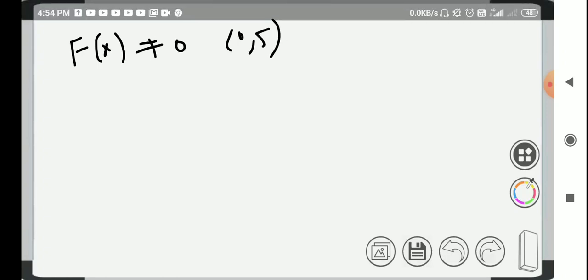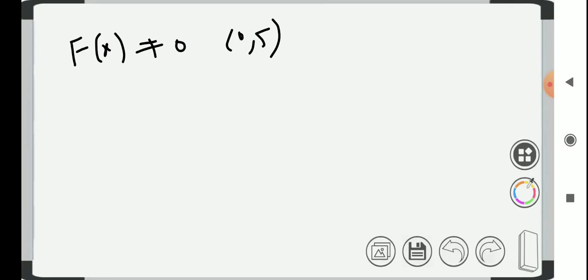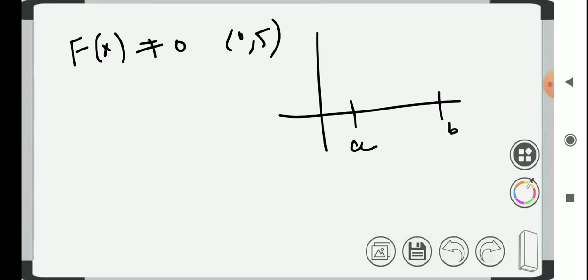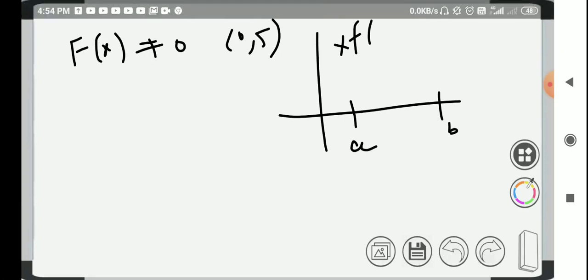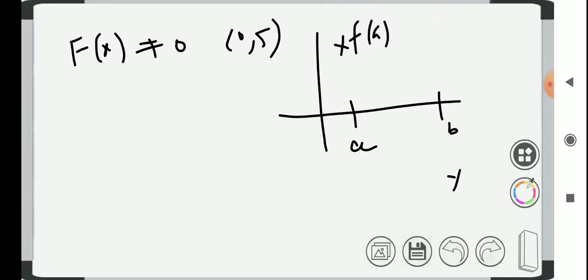There is a property for continuous functions which says that if we have a continuous function in the interval a to b, and f of a is positive and f of b is negative, then since the function is continuous, it has to go continuously from f of a to f of b.